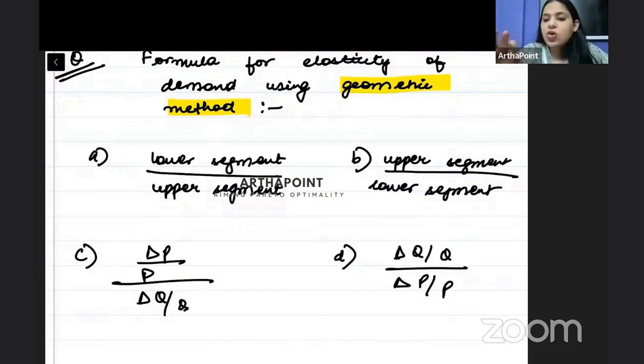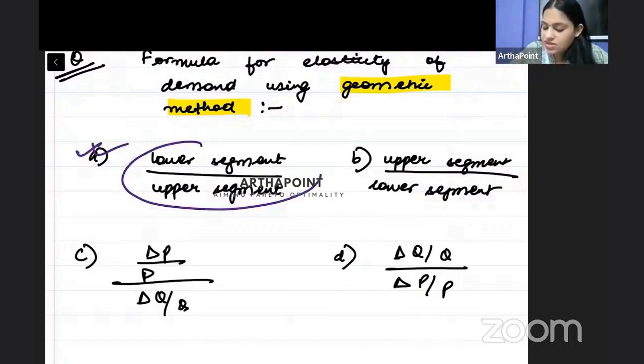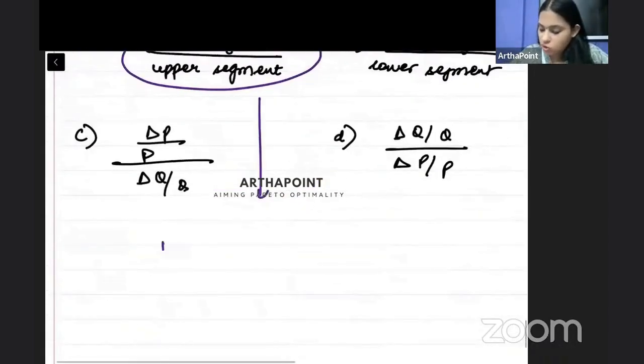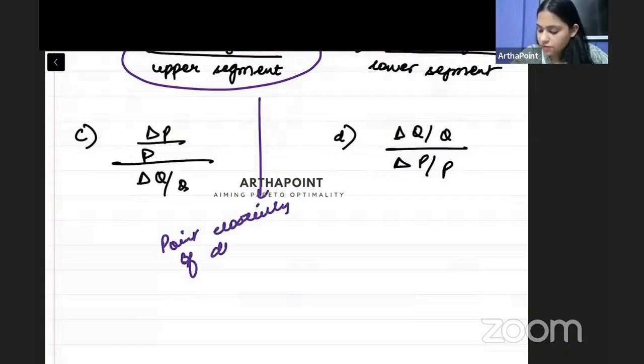Absolutely correct. According to the geometric method, the formula of elasticity of demand is lower segment by upper segment. That will be the point elasticity of demand. Please write this down, beta. This is called point elasticity of demand. And who gave point elasticity of demand?